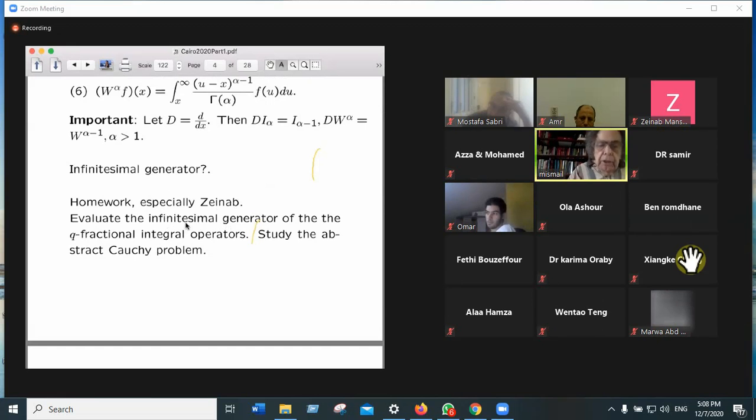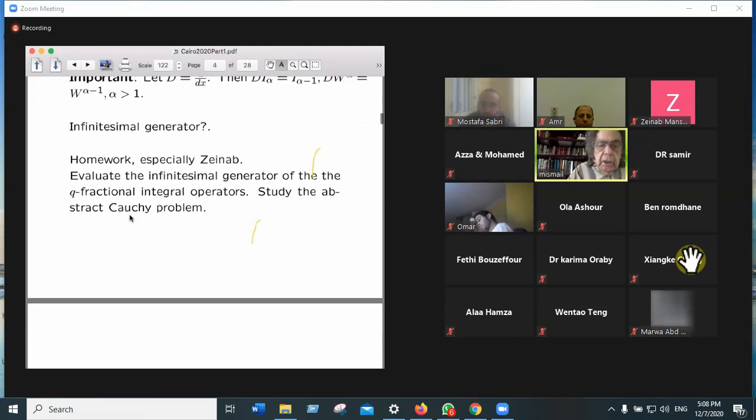I think I know, because most of the people who worked on this early on did the formal properties, like trying to solve equations with it, seeing the connection with the Laplace transform, and so on. But they didn't go deeper into the analytic questions. And this certainly is something important, to look at the abstract Cauchy problem associated with the Q fractional integral operators. And what is the corresponding abstract Cauchy problem? I don't think anybody looked at this.